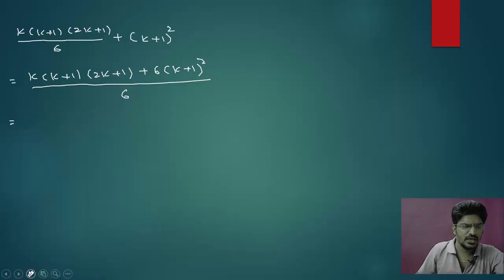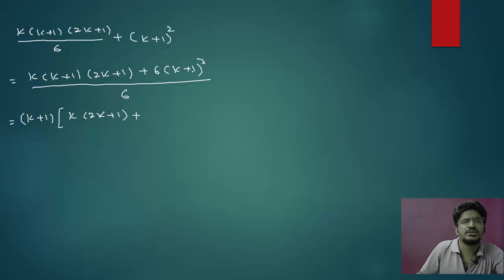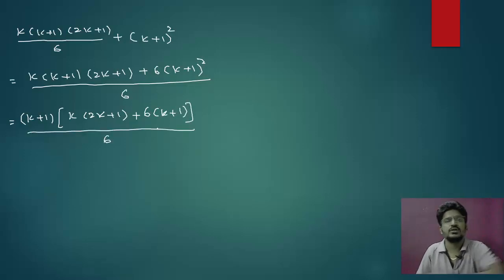So take k plus 1 common. If I take k plus 1 common, what are you going to get? Here the k is remaining, here the 2k plus 1 is remaining, plus k plus 1 has gone outside, so remaining with 6 times of k plus 1 divided by 6. Okay.